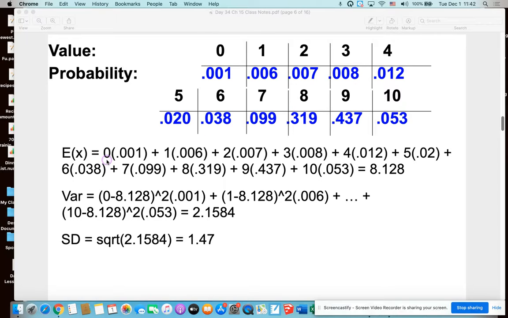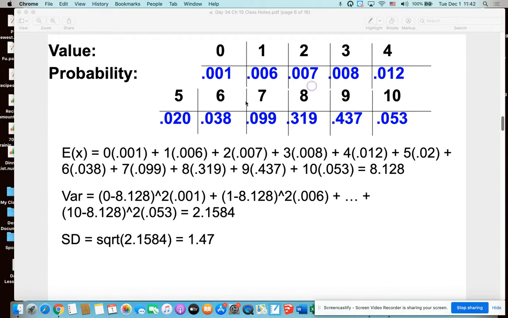So the 0 value has a 0.001 probability of happening. So I multiply those out. What that's doing is weighting the 0, right? How much in the total do I want the 0 to be included? And it's very little. It's only 0.001 of the total.